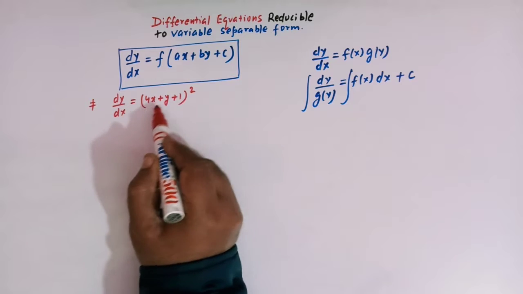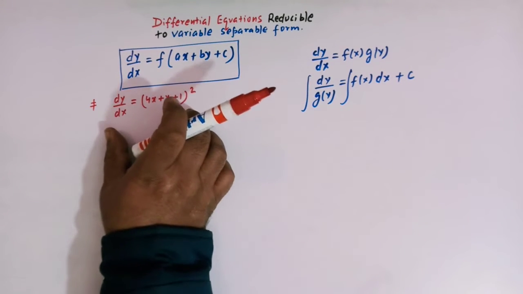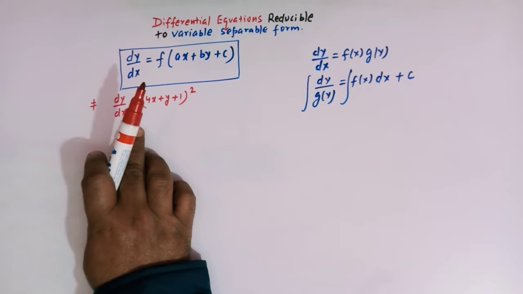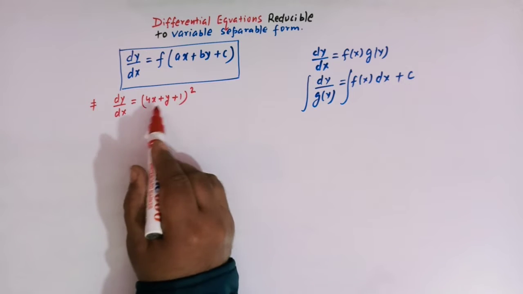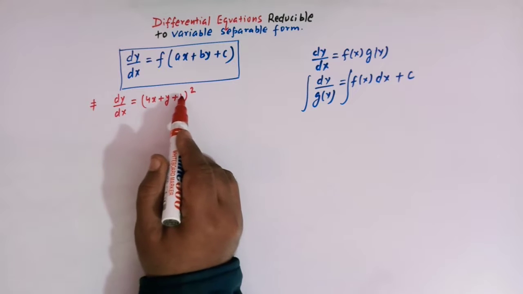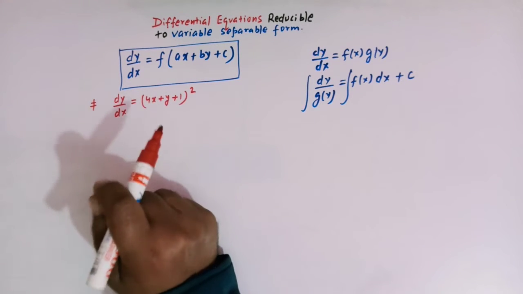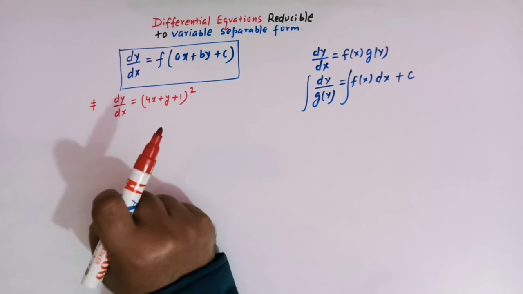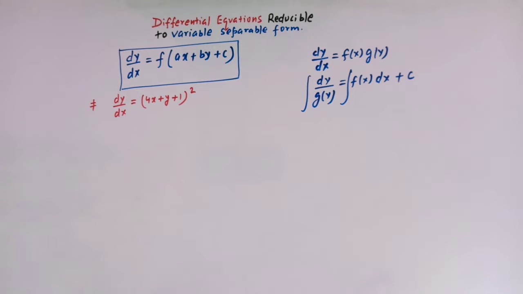If we square this side, we cannot separate the variables here. Hence we have to reduce these types of equations to the variable separable form by making a proper substitution.